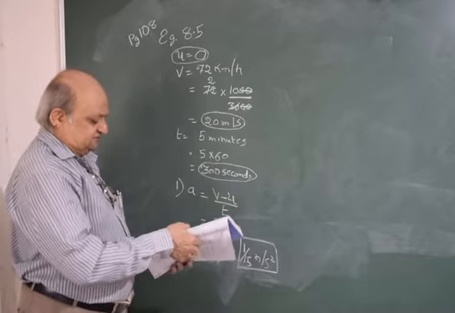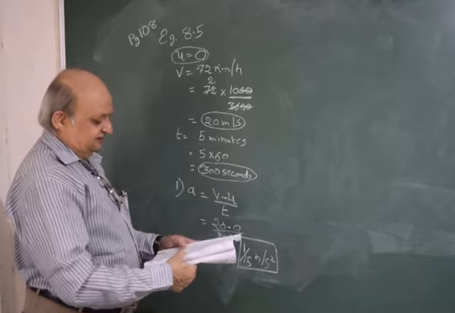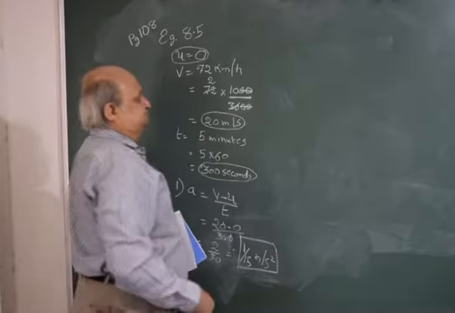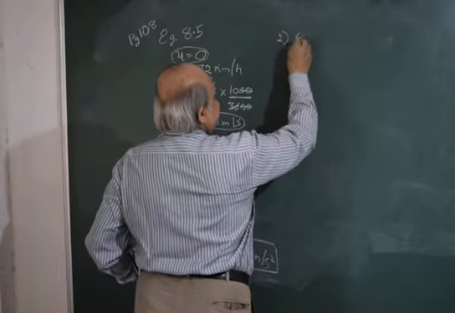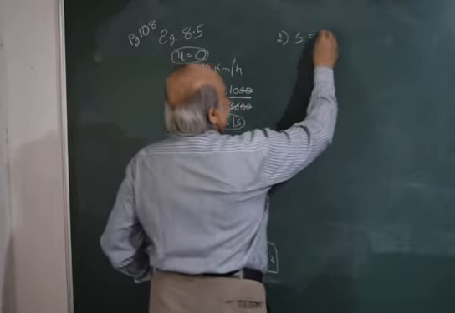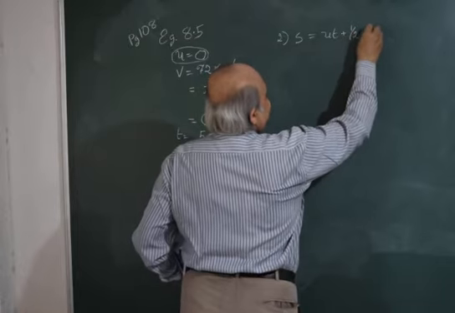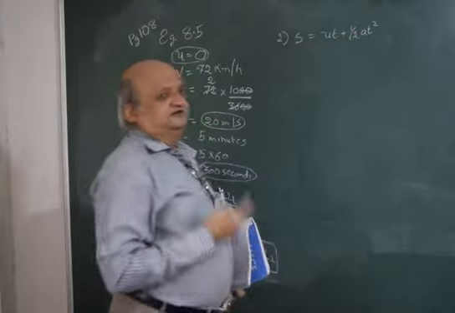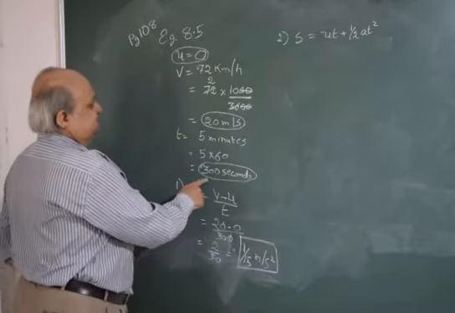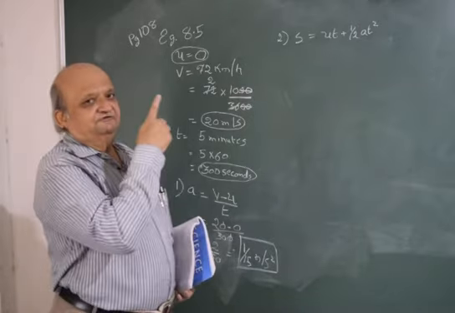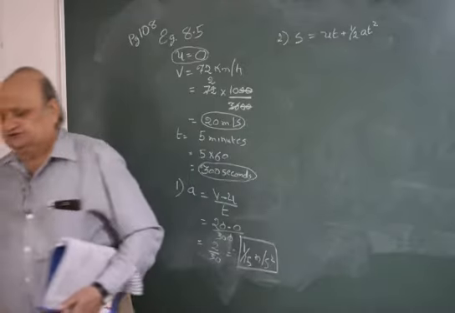The second question says, the distance travelled by the train for attaining this velocity. Now we know that s is equal to ut plus half at square. We can use this, but here, because the t is fairly large, we will require complicated or very large calculation.